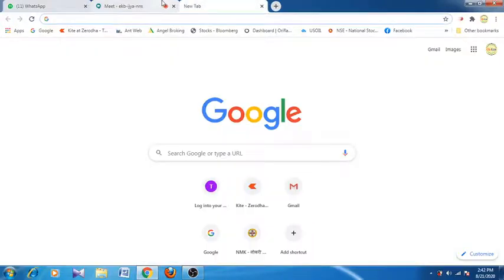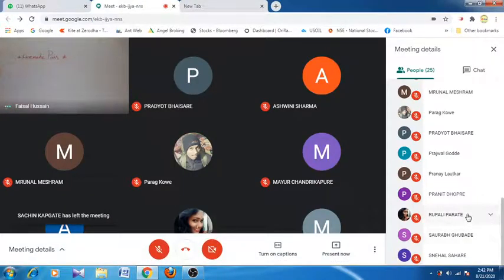Kinematic pair means, for example, if 2 links are connected, this is link number 1, it is a fixed link, and it is connected with another link.